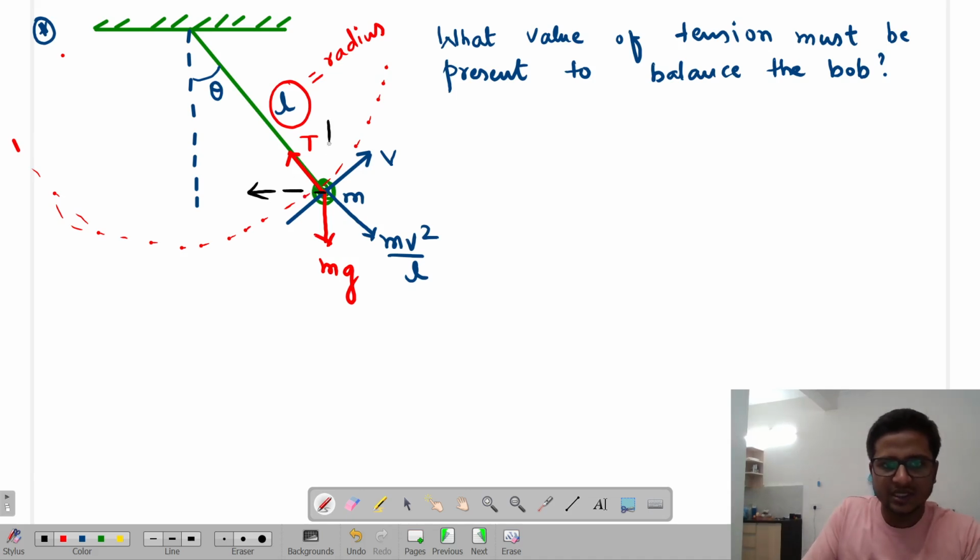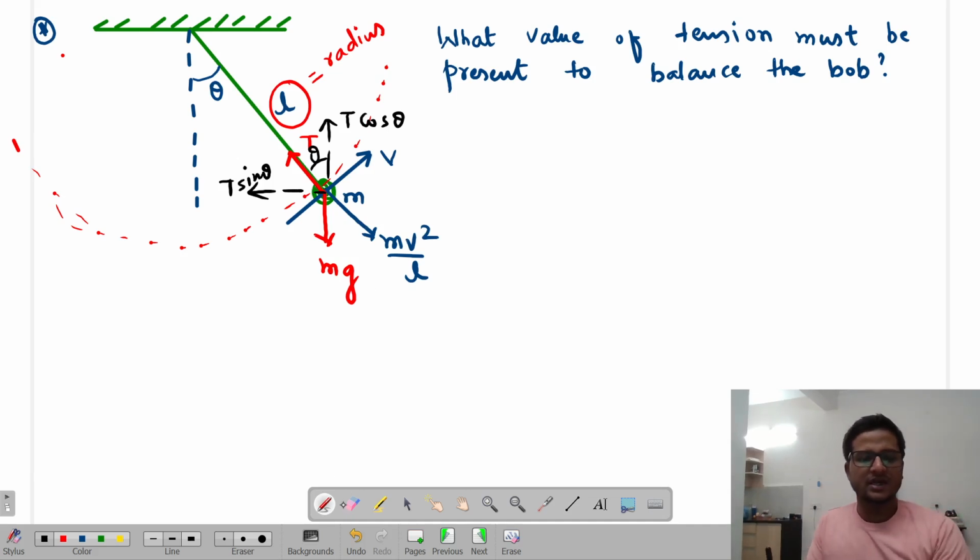I can even resolve like this: this is my T cos theta and this is my T sin theta, and then I'll write T cos theta is equal to mg and T sin theta is equal to mv square by l sin theta. Can I write like that or not? But this is incorrect.